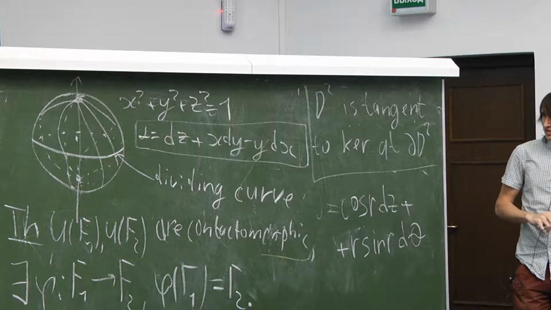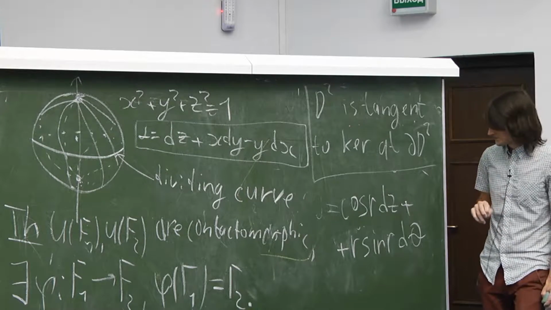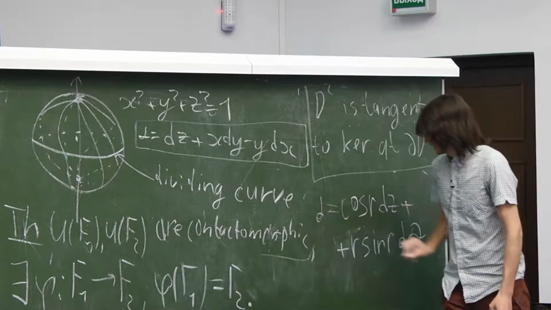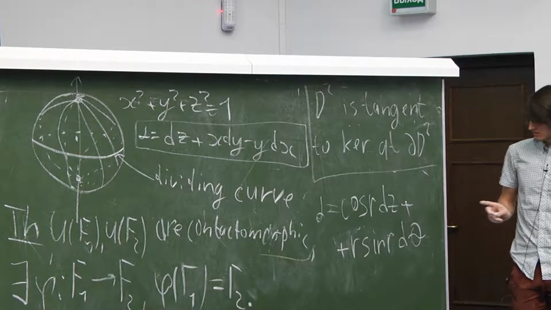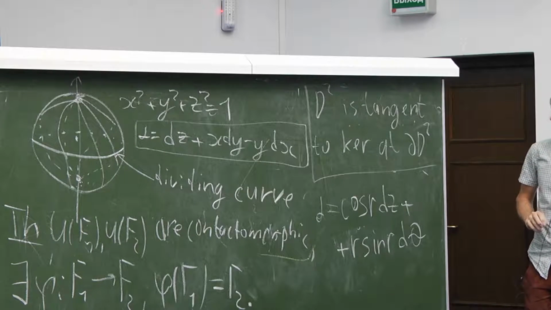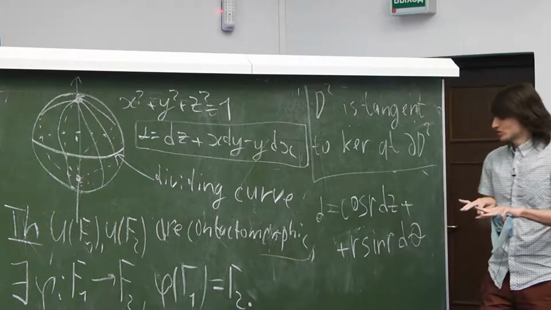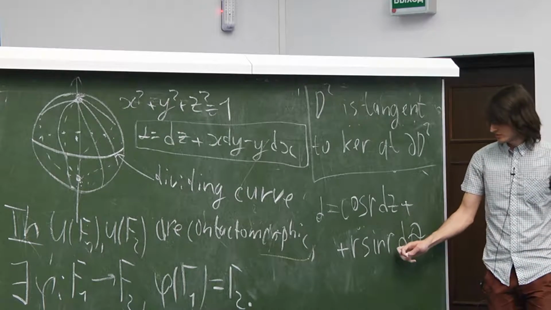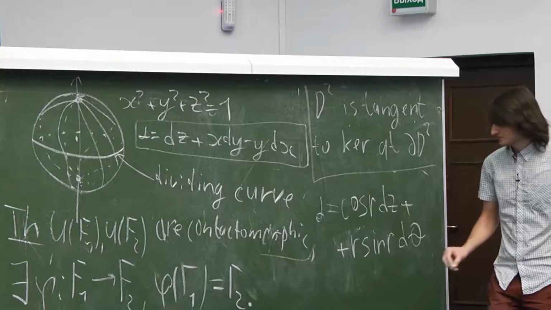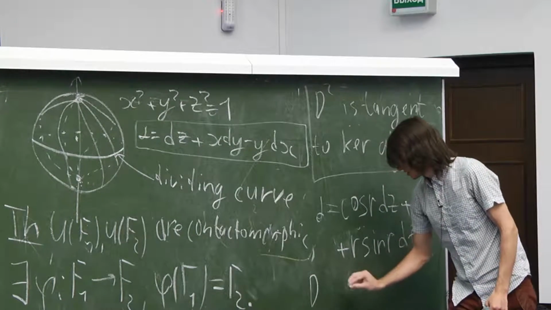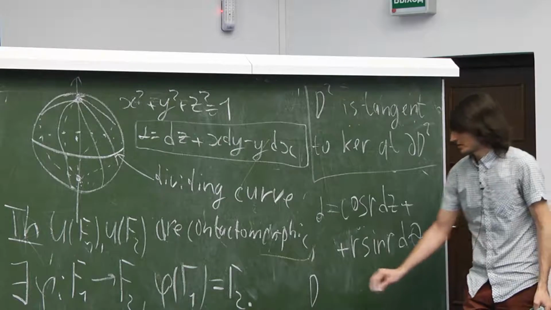For such contact structure, there exists such disk. The picture, okay, just consider a horizontal disk of radius pi.